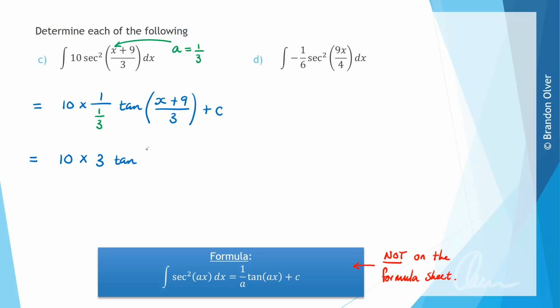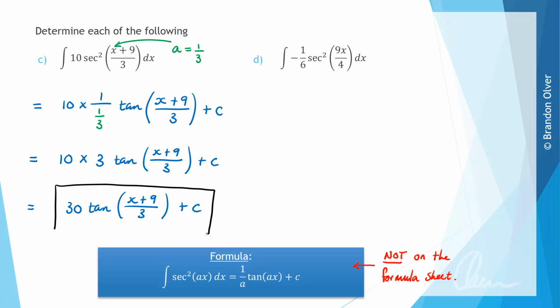And then we're still going to have tan of x plus 9 over 3 plus c. And then in our final step, we can get 10 times 3 is 30 times tan of x plus 9 divided by 3 plus c. So that is our answer to part C of this example.